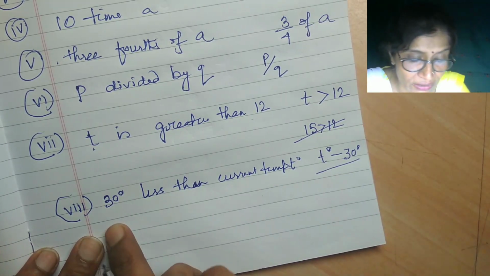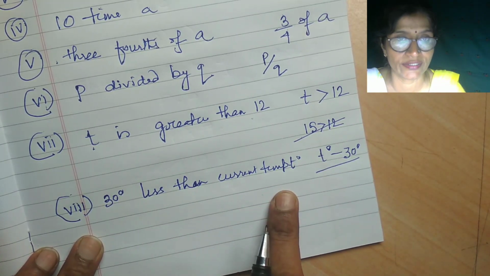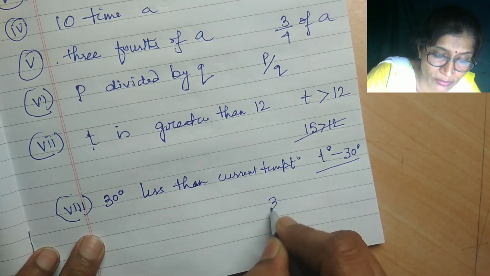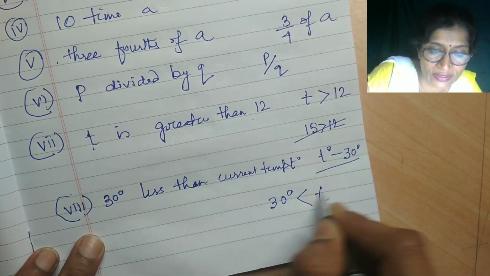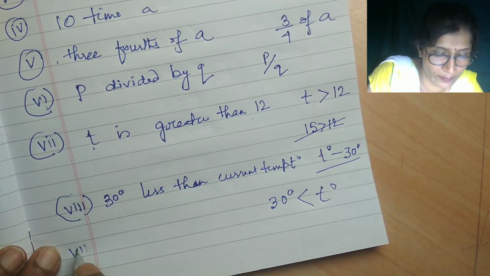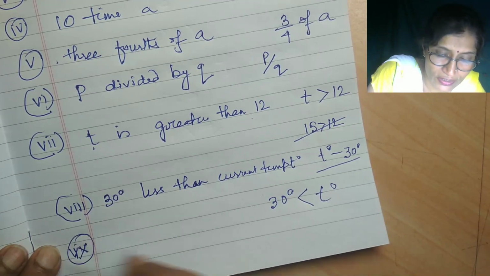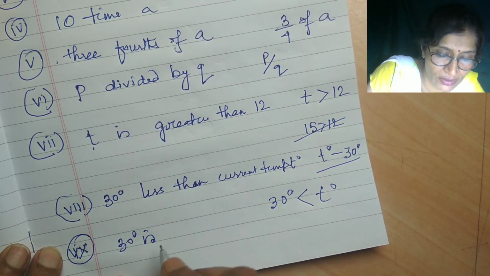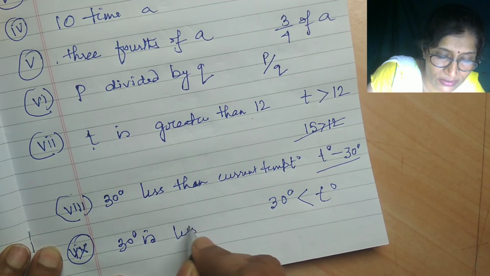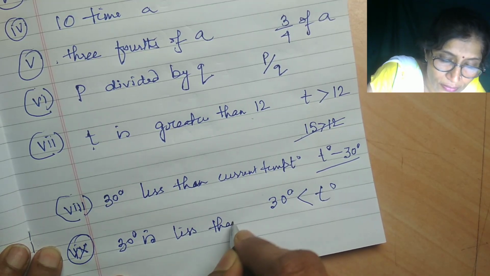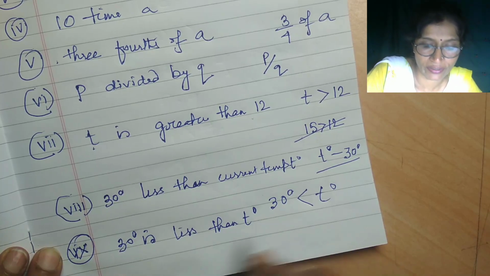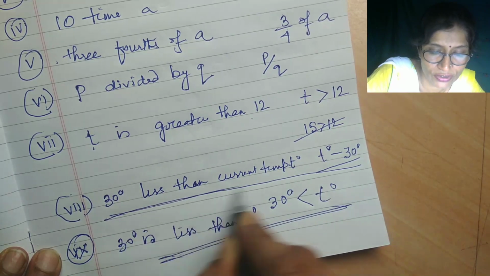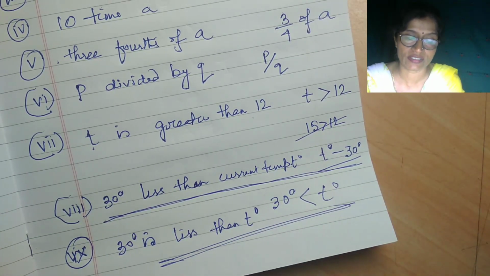It is not that 30 degree is less than current temperature T. When I say 30 degree is less than T degree, then I have to write it in that way. But I am telling you 30 degree less than current temperature, then it will be T degree minus 30 degree.